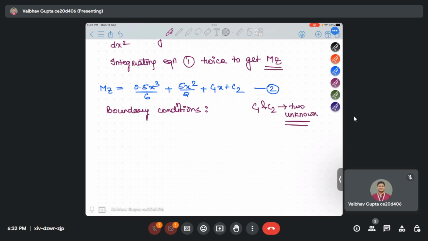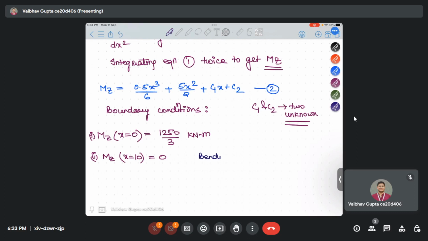So what we know? Just now we calculated the reaction moment at the fixed end. We know Mz at x equal to 0 is nothing but 1250 by 3 kilonewton meter. And second, what we know? Mz at x equal to 10 is equal to 0. Moment at the free end will always be 0. Okay.